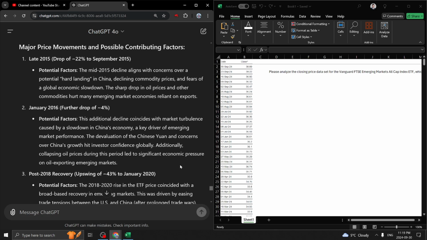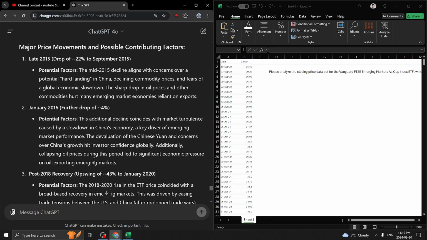January 2016, potential factors. This additional decline coincides with market turbulence caused by the slowdown in China's economy, a key driver of emerging market performance. The devaluation of the Chinese yuan and concerns over China's growth hit investor confidence globally.